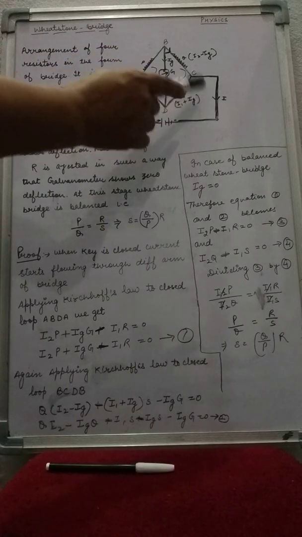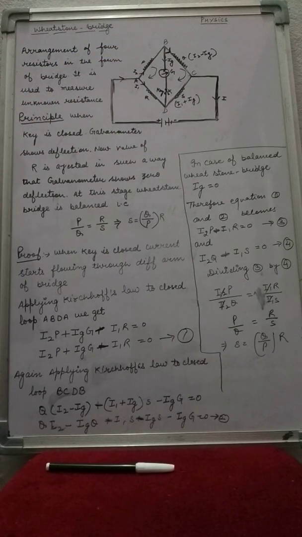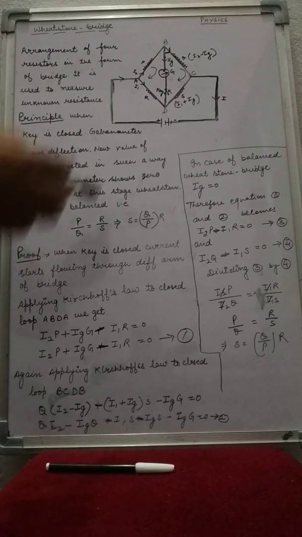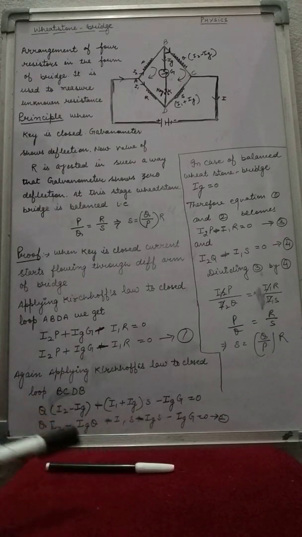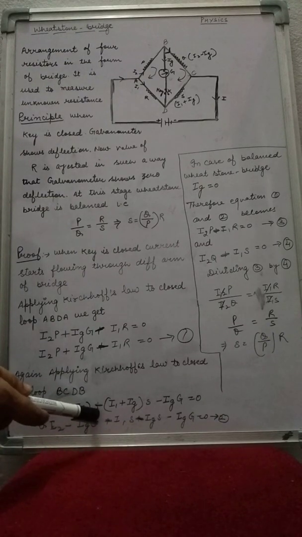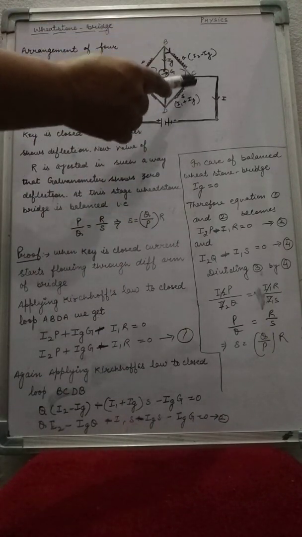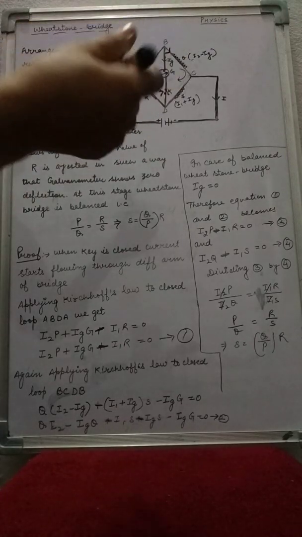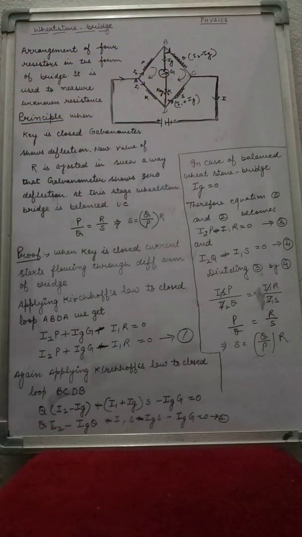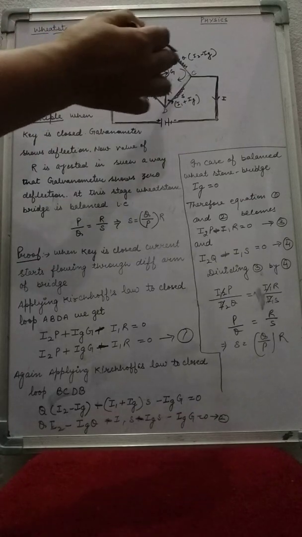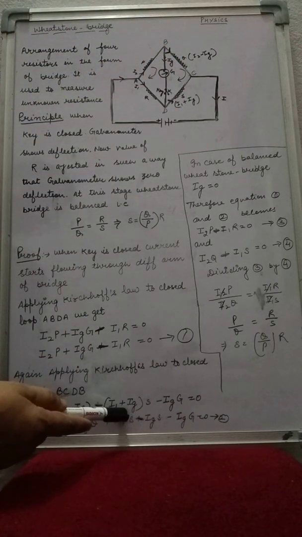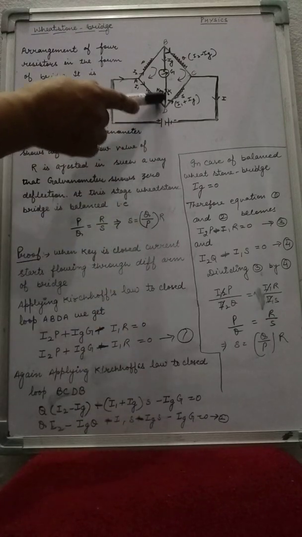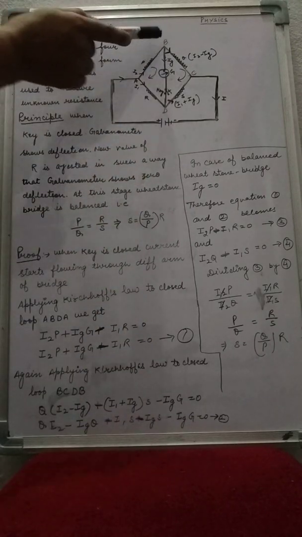Applying Kirchhoff law, Q into I2 minus IG, and the direction of the current here is opposite so it is taken as negative, minus I1 plus IG into S, which is also in the negative direction.